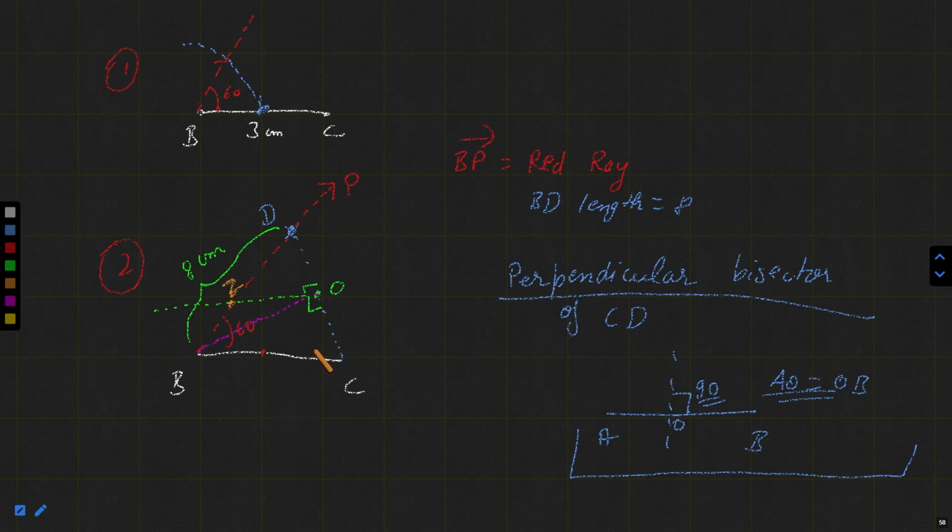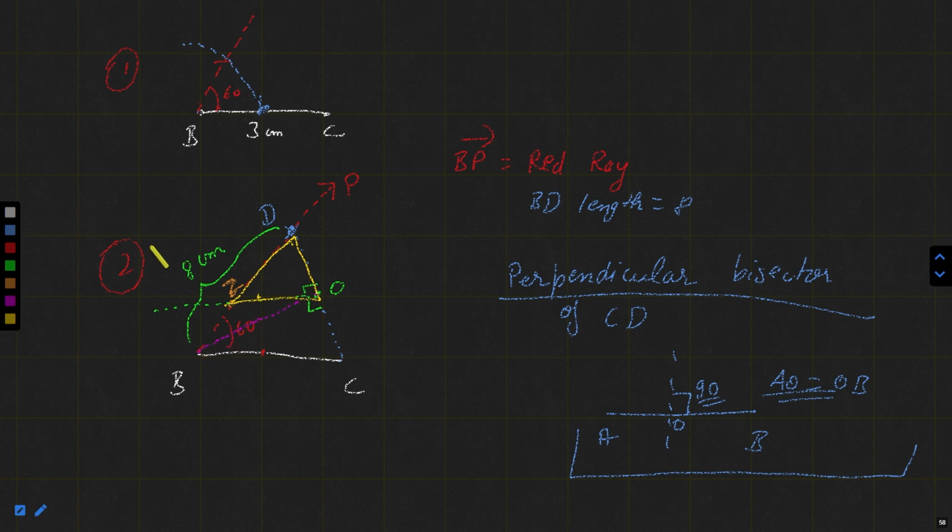Now if you try to see two triangles, what triangles am I talking about? One triangle is this one, ZDO, and another triangle is this.